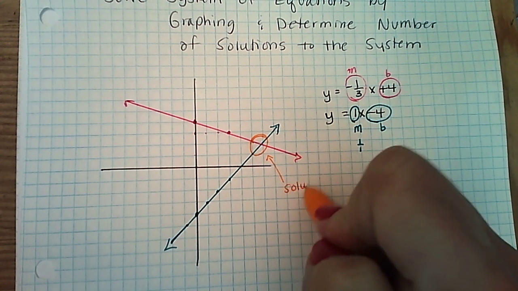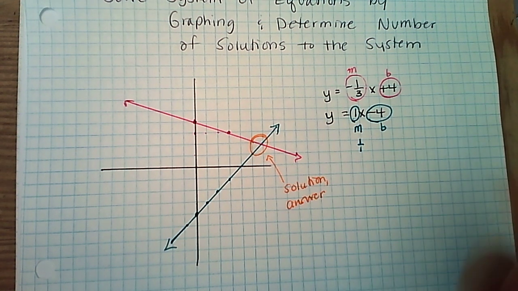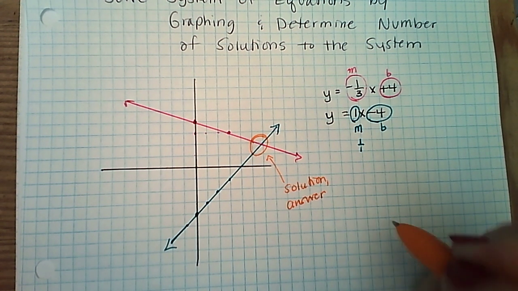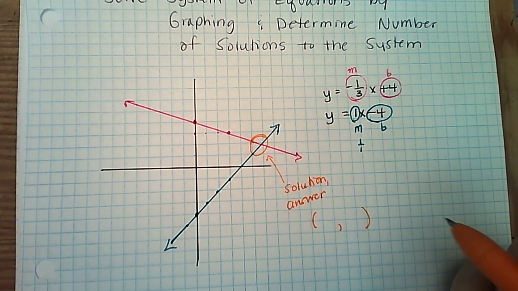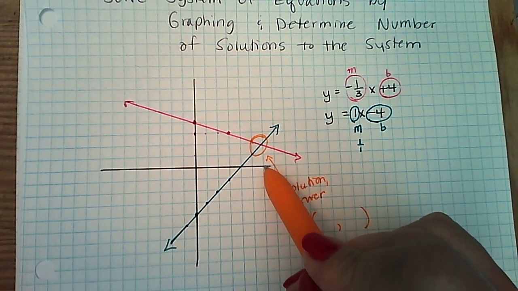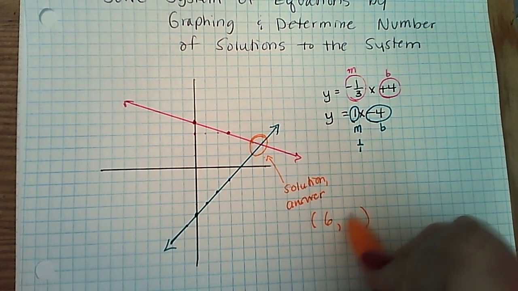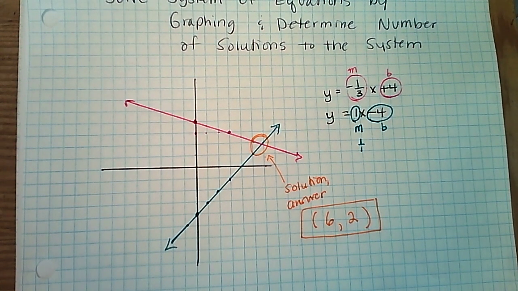That is my answer, because that is the point they have in common. It's the ordered pair because we're on a graph, and it's always an ordered pair whether you're on a graph or not. My answer here would be 1, 2, 3, 4, 5, 6, 2. So my solution to my system is 6, 2.